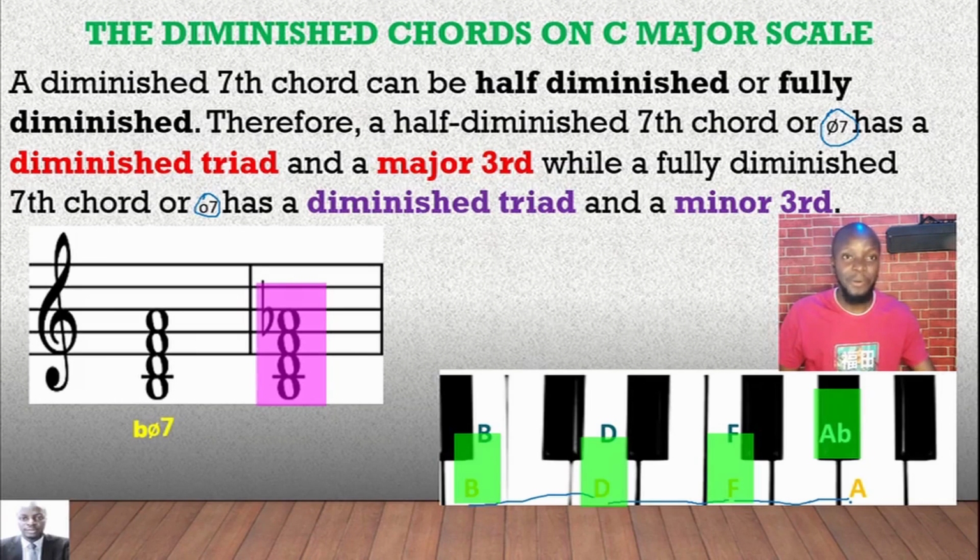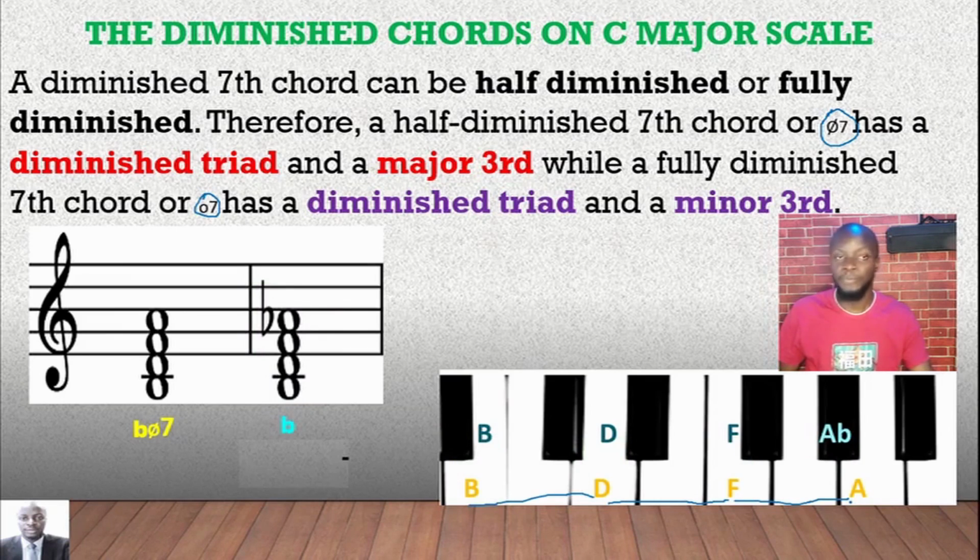It has a stack of minor thirds, so that is called the fully diminished seventh. So don't miss it. This is called the B fully diminished seventh. So this is half diminished, and this is fully diminished.